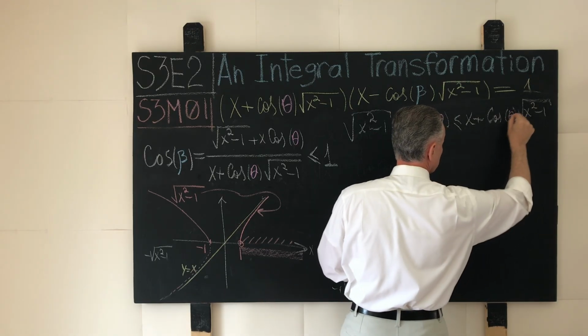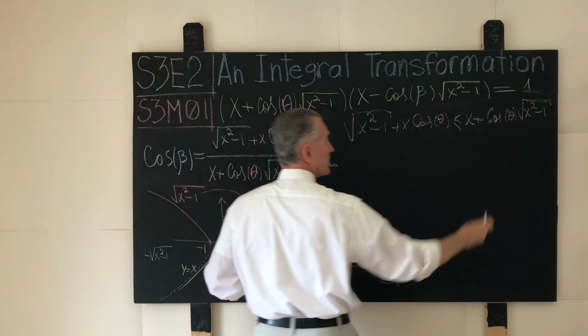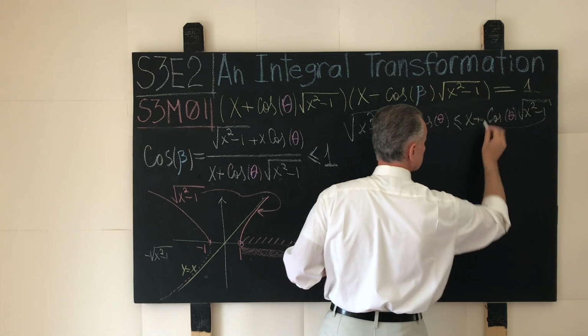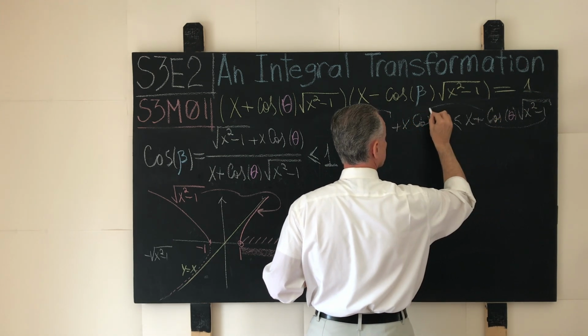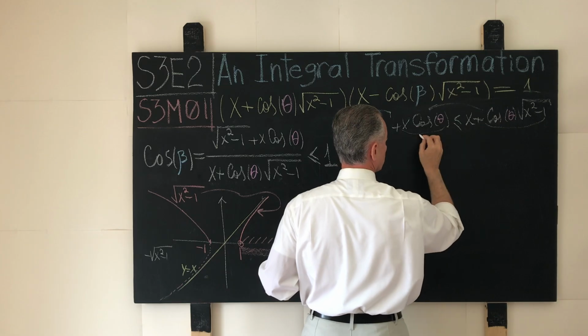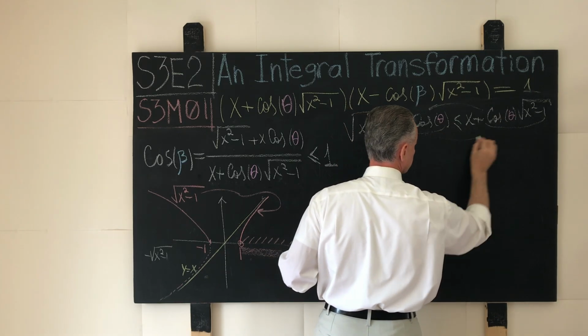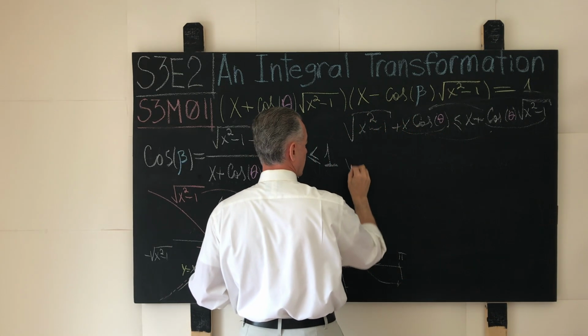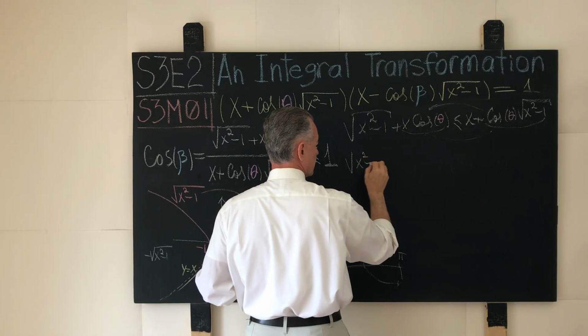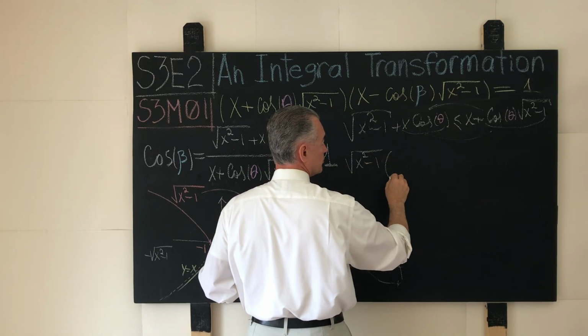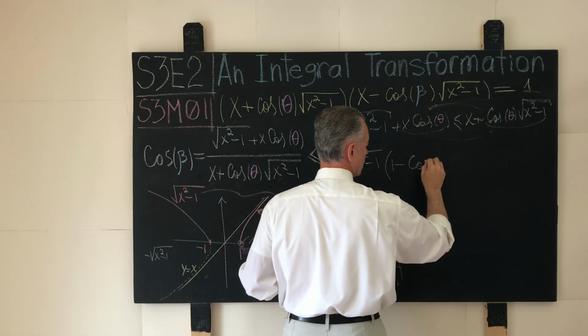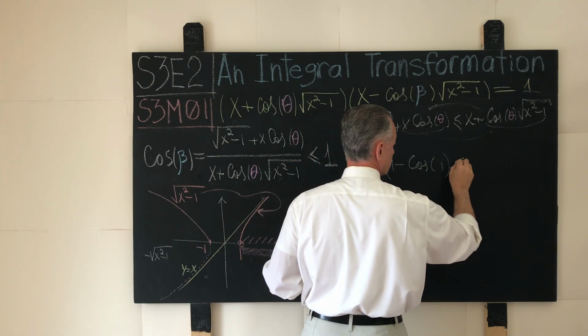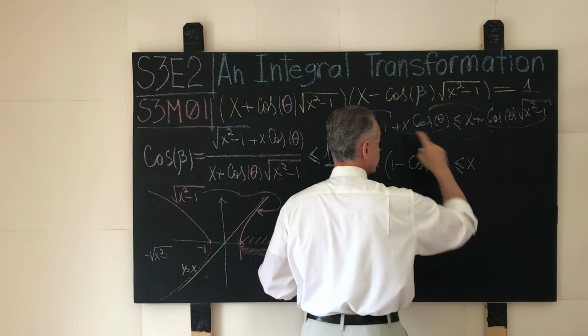You know the drill. We move the square root of x squared minus 1, let's say, to the left. We move the term with x to the right, factor out x squared minus 1. What do we have? 1 minus cosine of theta, presumably less than x.